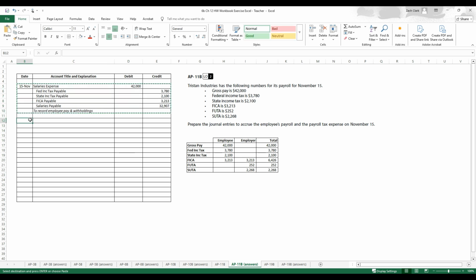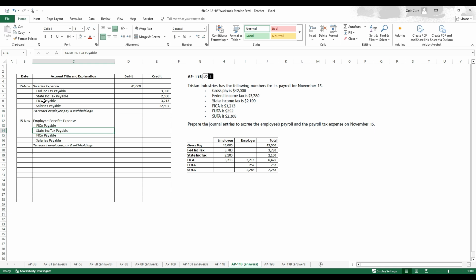Okay, I'm going to kind of just take some of this here and repurpose that journal entry, copy it over, and we'll say employee benefits expense now. I'm going to delete all that out. And we don't have the federal income taxes payable.